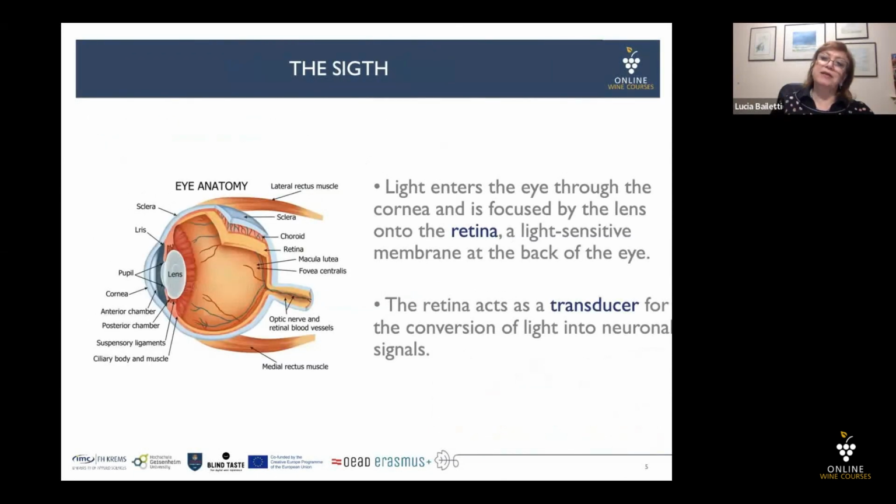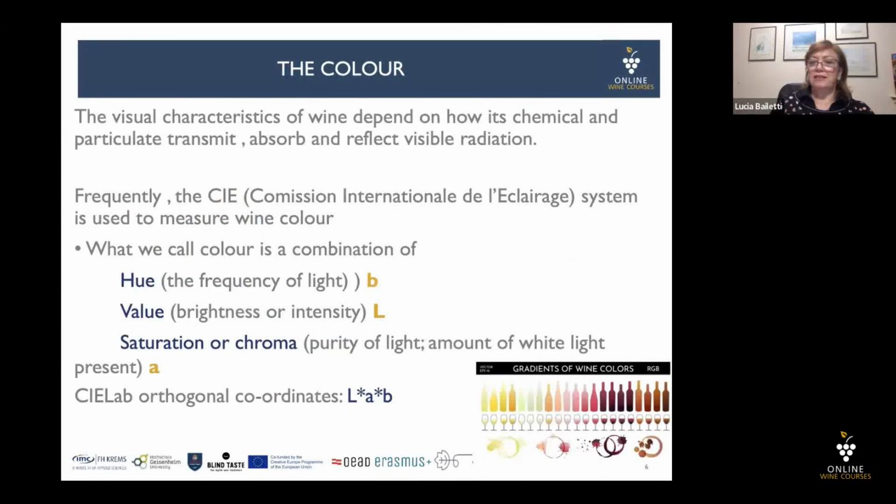Light enters the eye through the cornea and is focused by the lens onto the retina, a light-sensitive membrane at the back of the eye. The retina acts as a translator, converting light into signals. The visual characteristics of wine depend on how its chemical and particulate components transmit, absorb, and reflect visible radiation.